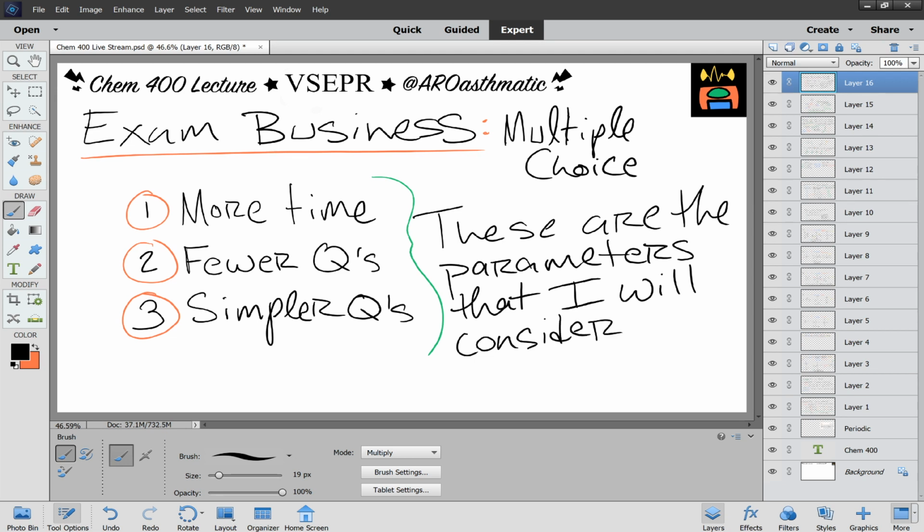I wanted to give you a glimpse into my thought process, because I'm not sure which avenue I'm going to go down. For example, if I picked door number 3 and decided to go with simpler questions, and then you logged on and thought, what? It's still 30 questions with 50 minutes.